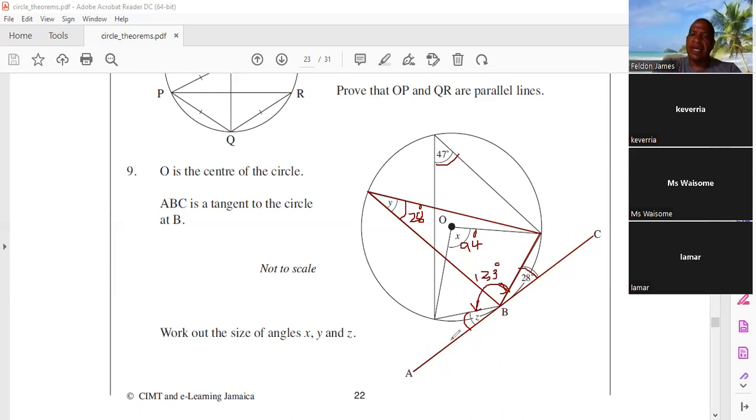Now, all of the angles on this line add up to 180, right? So you know that this is 133, this is 28. So you can now calculate z based on that. So you get 19 for z, sir. Okay. Is that clear to you guys?